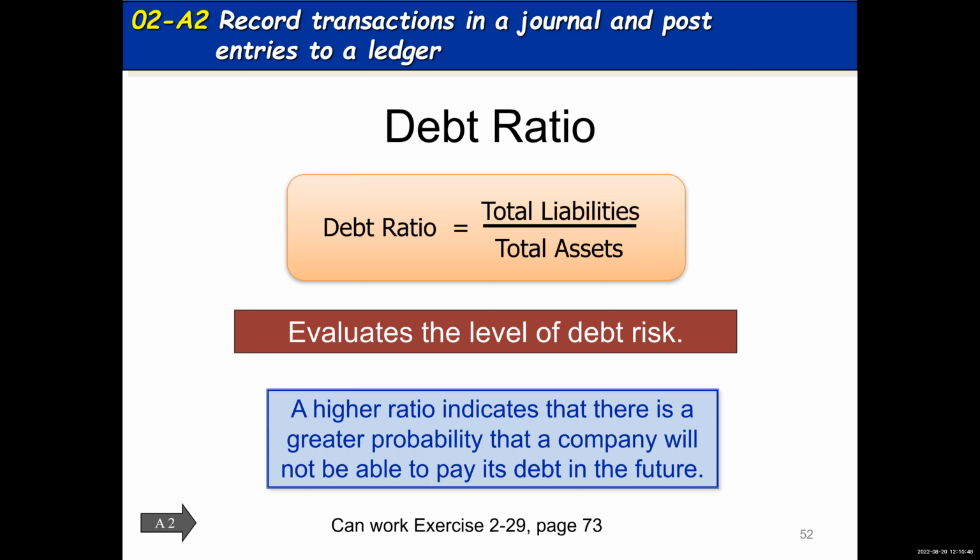How risky is it? Will they have enough money to pay their liabilities? Okay. So let's go ahead and work exercise 2-29 on page 73. So I'm going to go ahead and stop the share here.